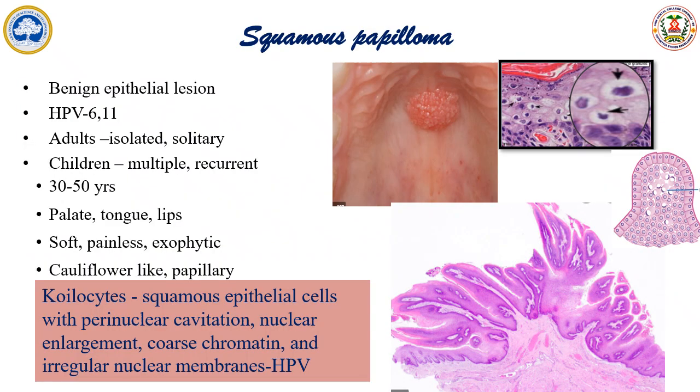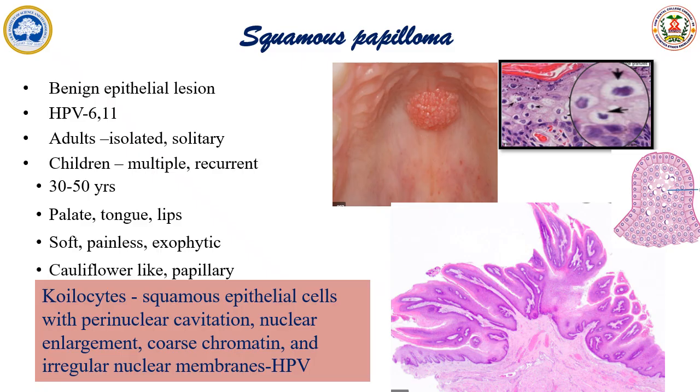under the malignant category. Moving on to squamous papilloma, it is a benign epithelial lesion caused by HPV 6 and 11. It can either be an isolated solitary lesion, or in children it may be seen as a multiple recurrent lesion also. The most common sites are palate, tongue and lips. Clinically you see it as an exophytic cauliflower-like papillary lesion, mostly on the palate.